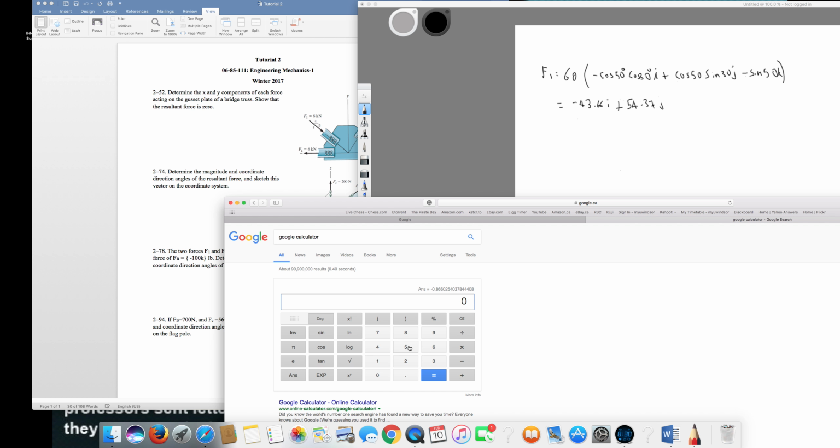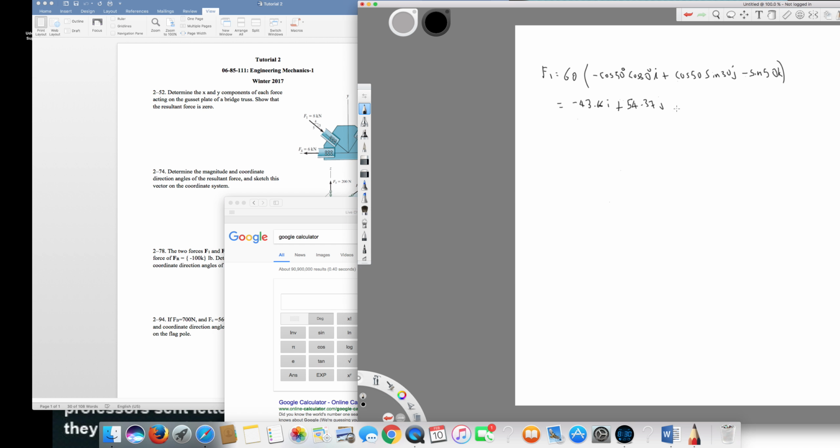Let's see. 60 times minus sine 50, negative 45.96.